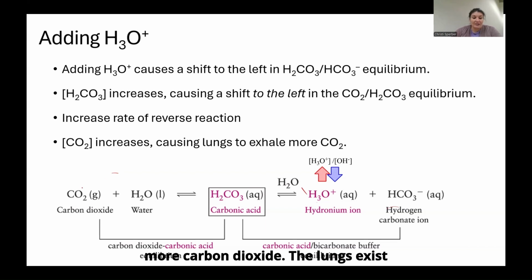The lungs assist getting rid of this carbon dioxide by exhaling more carbon dioxide, causing a shift to the left in the carbonic acid decomposition reaction. This consumes some carbonic acid, causing further shift to the left of the buffer equilibrium. Eventually, the kidneys assist, if necessary, by releasing hydrogen carbonate into solution, which causes a shift to the left in the buffer equilibrium.